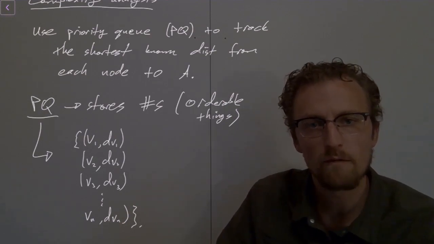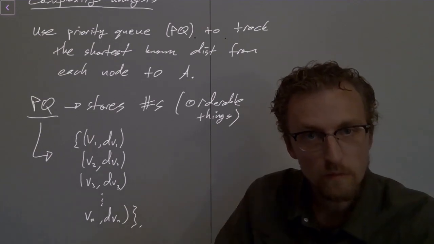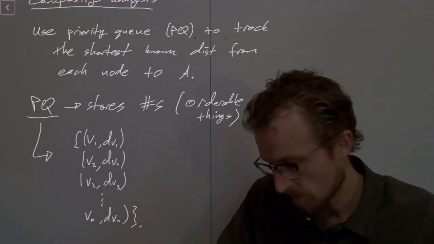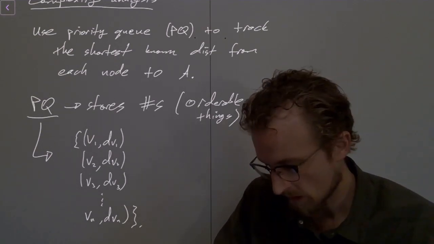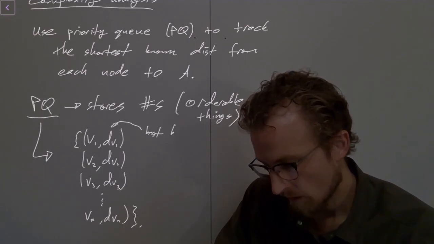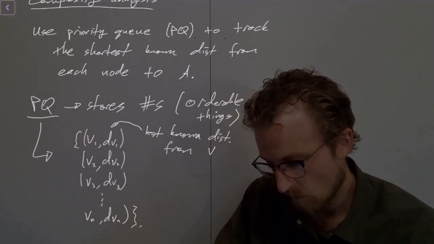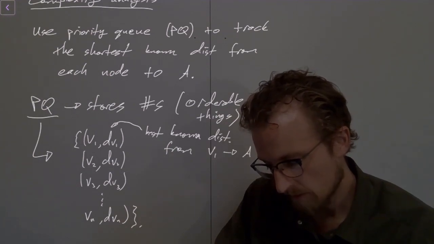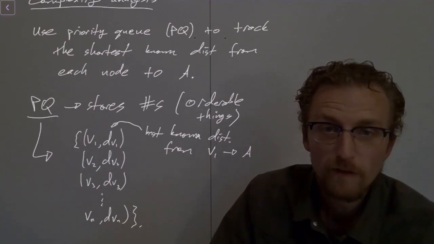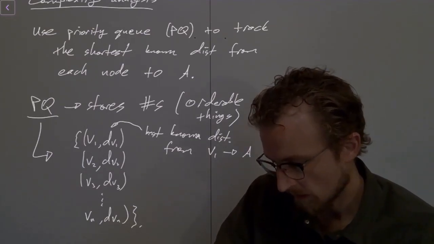It has a vertex, and associated with that vertex, it records the best known distance from that vertex to A. This could be infinity. It could be that we don't know of a path yet from V to A. But that's what dV stands for.